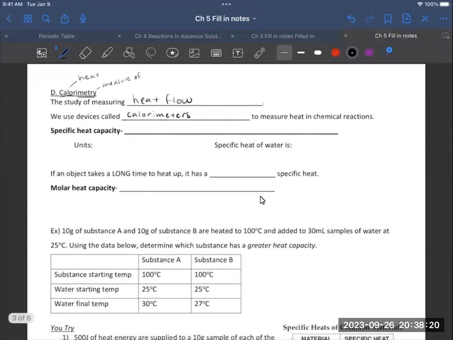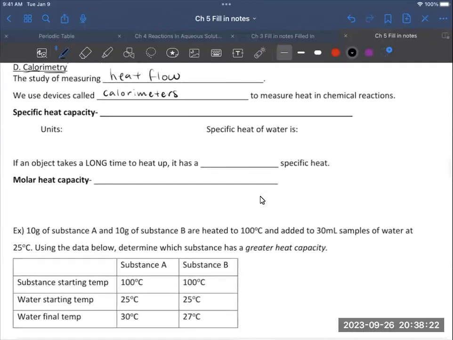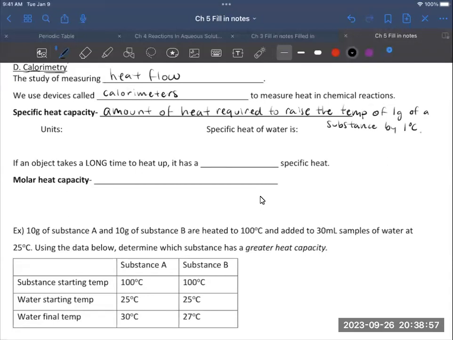When it comes to talking about heat and chemical reactions, the term specific heat capacity comes up pretty often. Specific heat capacity is the amount of heat required to raise the temperature of 1 gram of a substance by 1 degree Celsius.